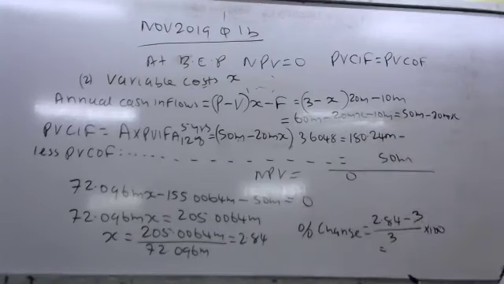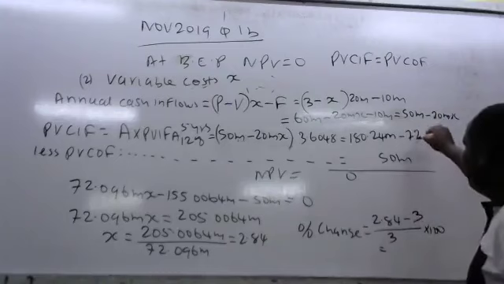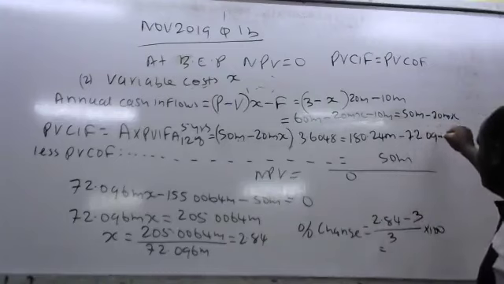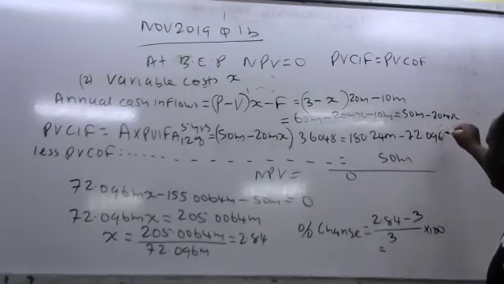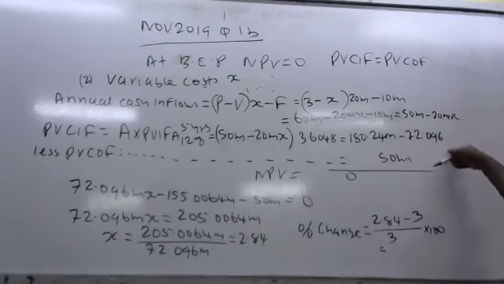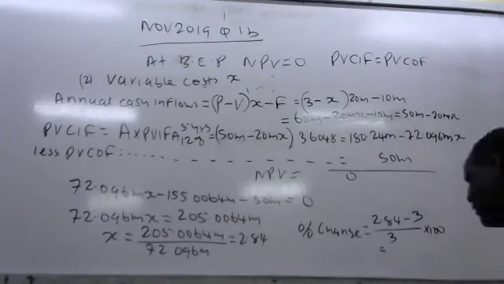Then minus what? 72.09. Just 16 million X. So the rest are not changing.